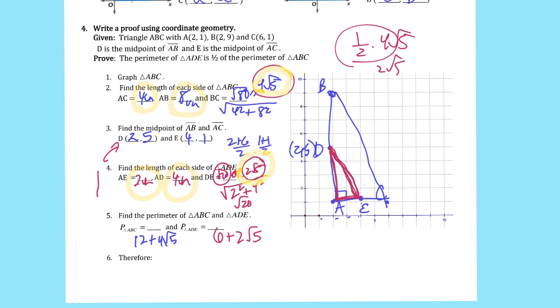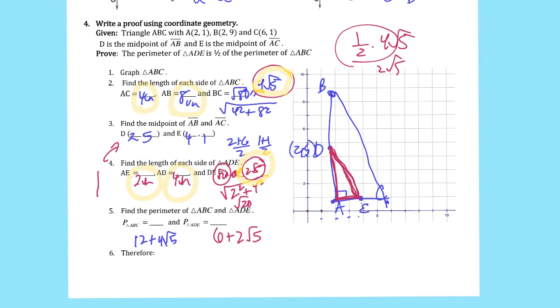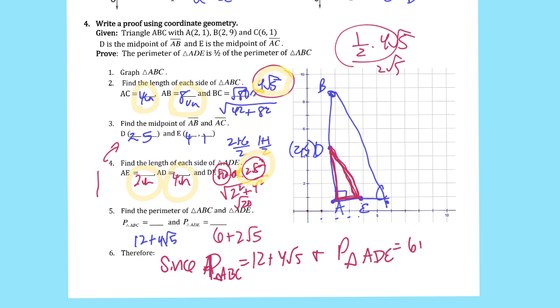So we're saying perimeter. The perimeter of ABC equals 12 plus 4 square root of 5, and the perimeter of triangle ADE equals 6 plus 2 square root of 5.